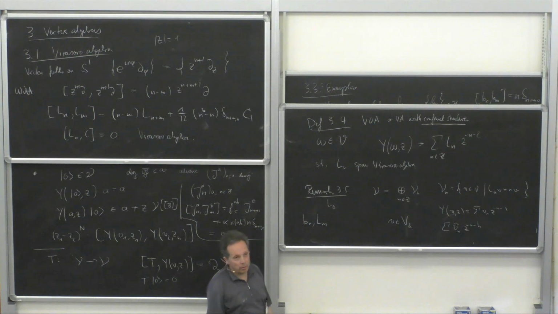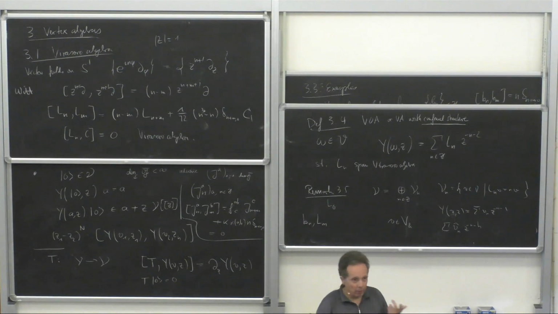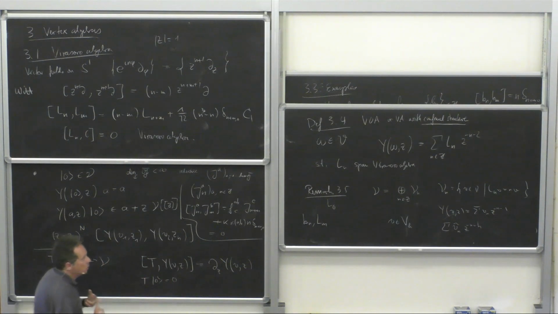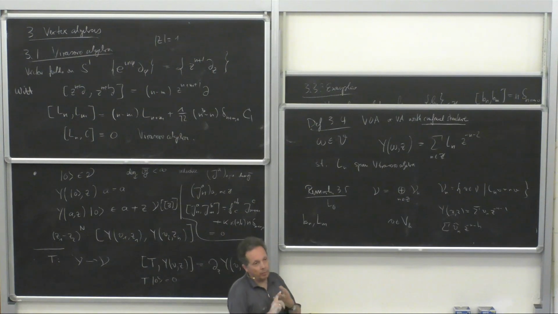What are the central extensions? And you will say, okay, the Heisenberg Lie algebra has its central extension and the Virasoro algebra has its central extension, but there appears a third degree of freedom. And this third degree of freedom is already a first example which will lead to vertex algebras which are the same but which have inequivalent conformal structures.